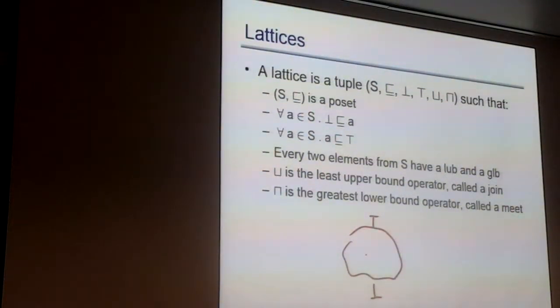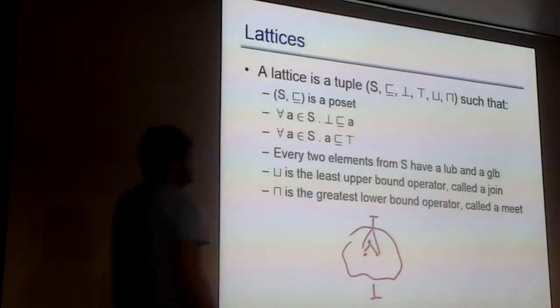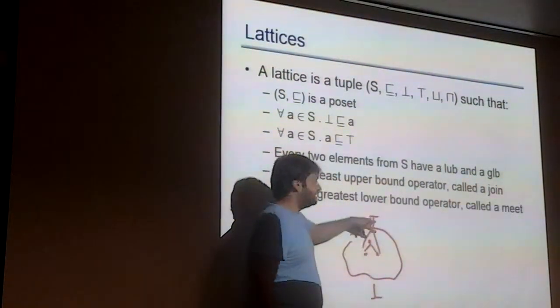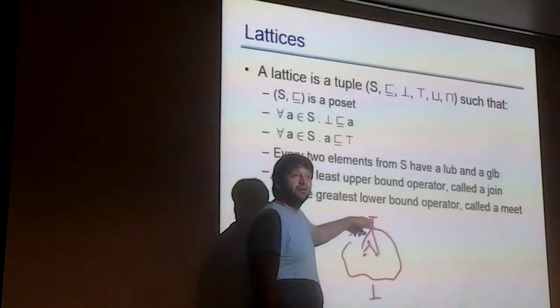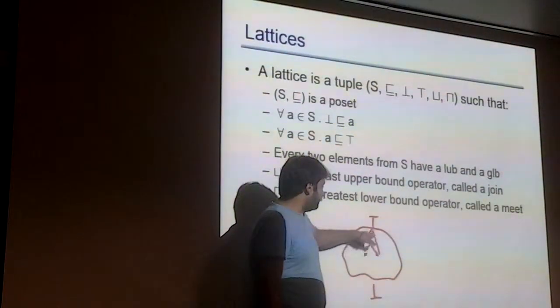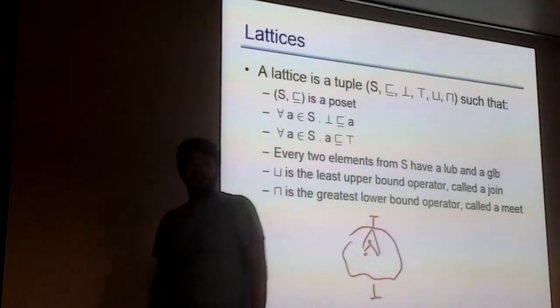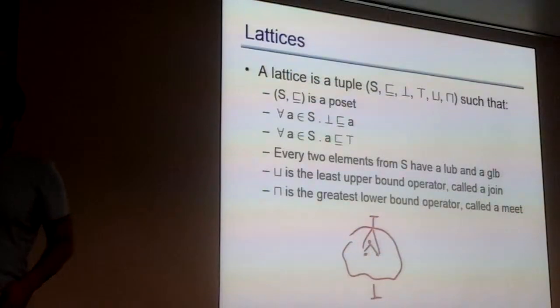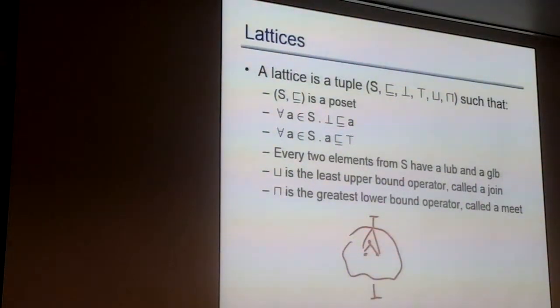In here you can have two elements, and the ordering is that top is greater than these two elements, but top is not the least upper bound. There's another upper bound that's smaller than top.